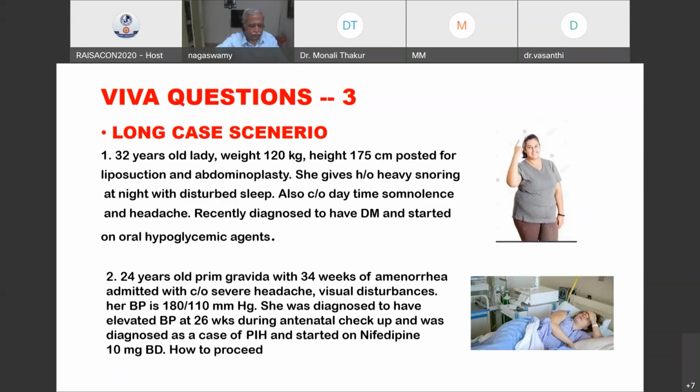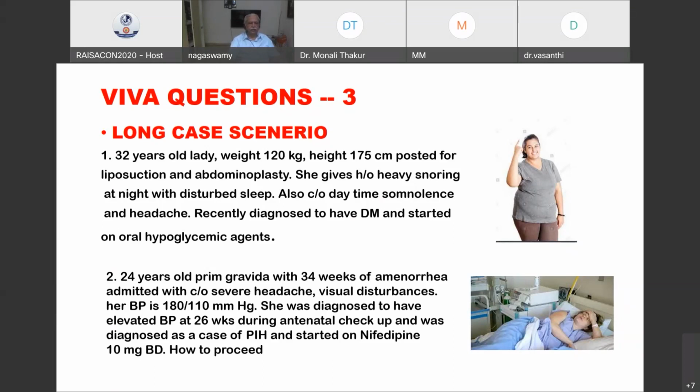So 32 years old. She's not very old, a fairly young lady. But the BMI calculated is 42.1, which is in the morbid, supermorbid obesity range. And heavy snoring at night with disturbed sleep and daytime somnolence, indicative of obstructive sleep apnea.